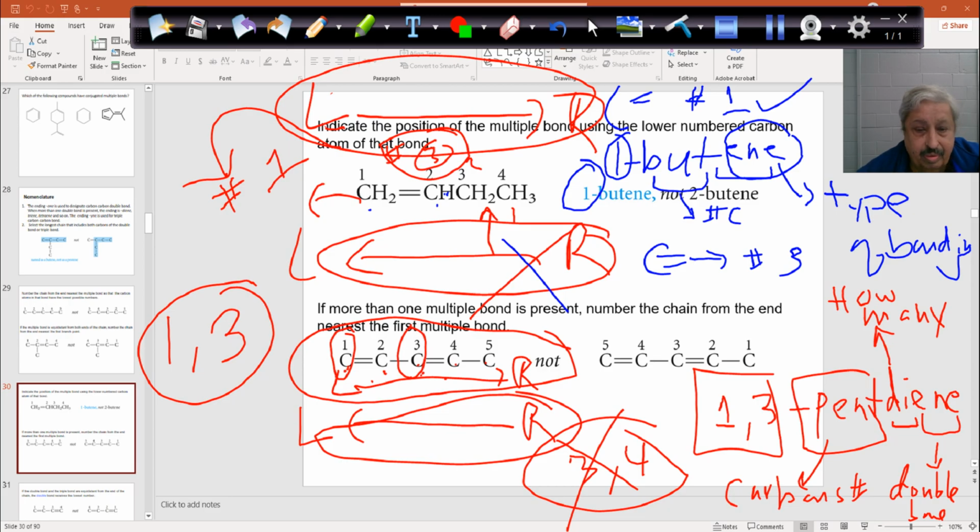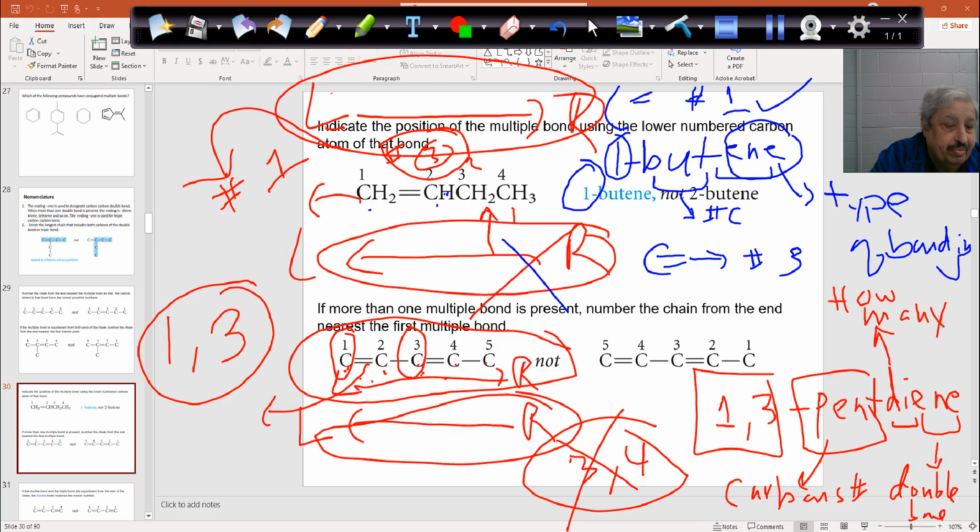You have 5. That's 1 and 3, wouldn't it be 2 and 5? Or 2 and 4? No, you always use the number of the double bond where it starts, not where it stops. The starting of the double bond, not the end of the double bond.